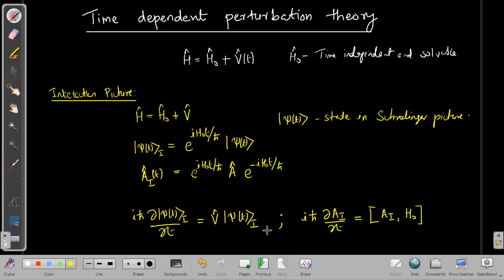These things we have already learned during the different pictures in quantum mechanics, and we have to use this information while we are applying the time dependent perturbation theory.